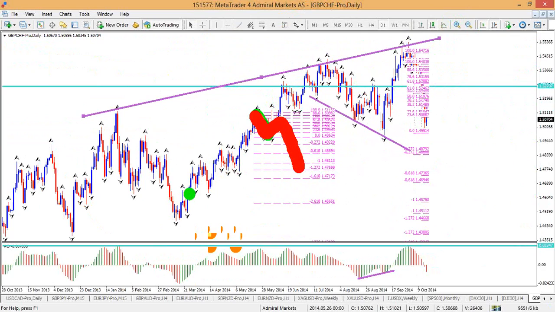It actually kept on going up. So that would be something you want to be careful of and be more cautious of, because sometimes putting a fib on the reversal obviously doesn't always lead to more reversal.